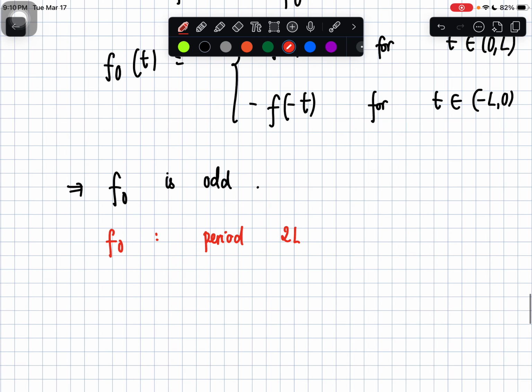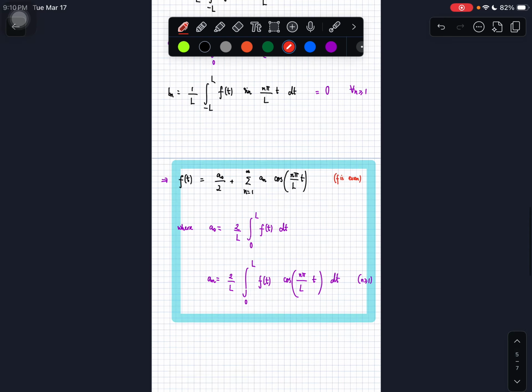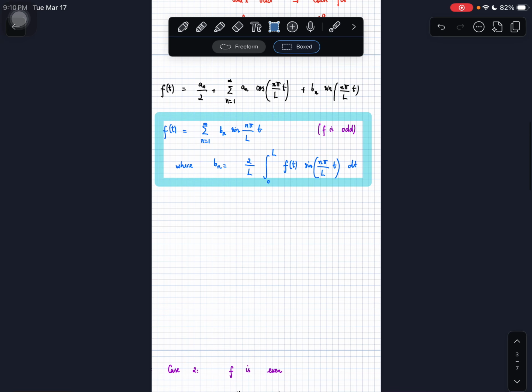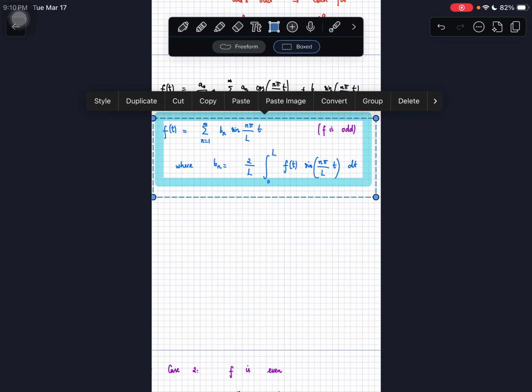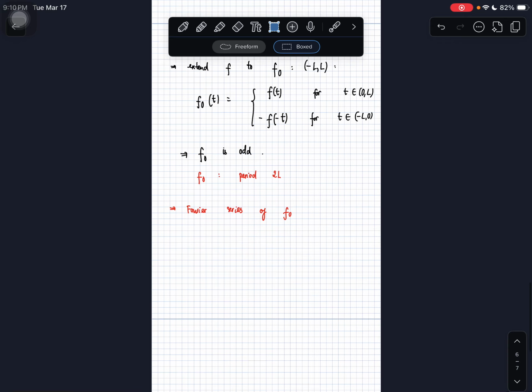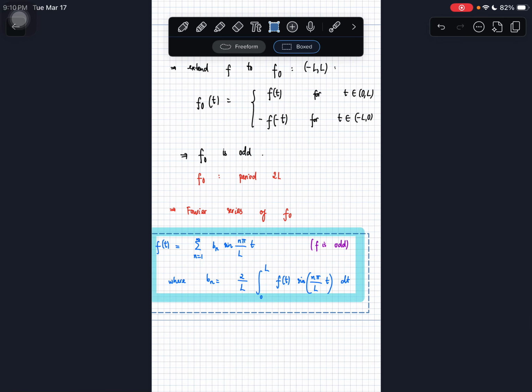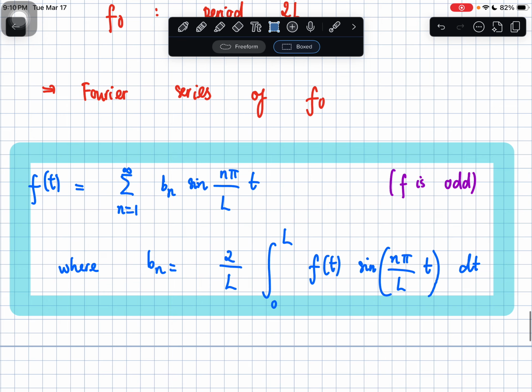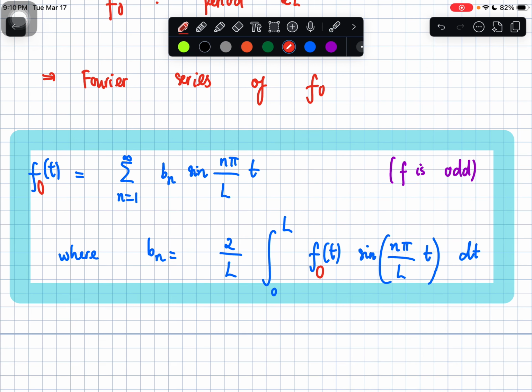Now the Fourier series of f odd, as we talked about before, the Fourier series of an odd function is given by this. And we say that this is the Fourier sine series of f.